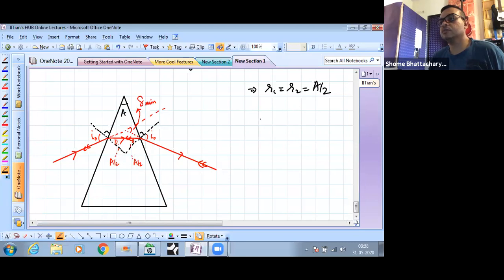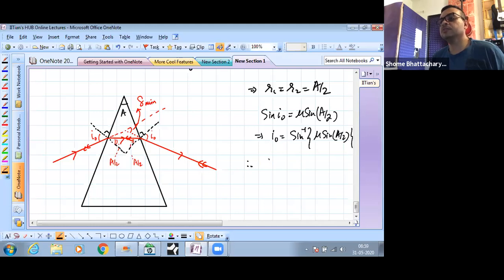So now sine I naught is equal to mu sine R1, which is A by 2. So I naught we can say is sine inverse of mu sine A by 2.